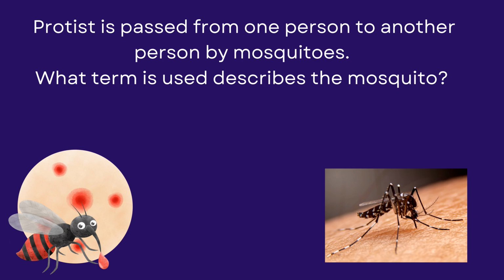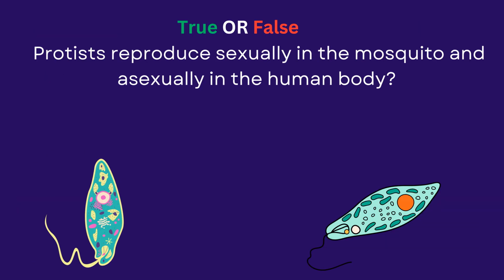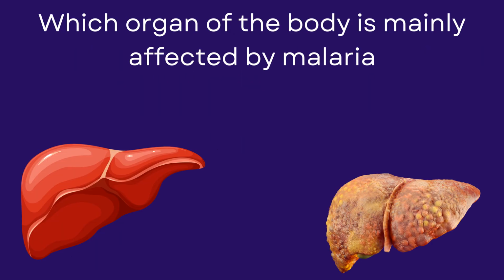What term is used to describe the mosquito? Vector. True or false? Protists reproduce sexually in the mosquito and asexually in the human body. True. Which organ of the body is mainly affected by malaria? Very good, the liver.